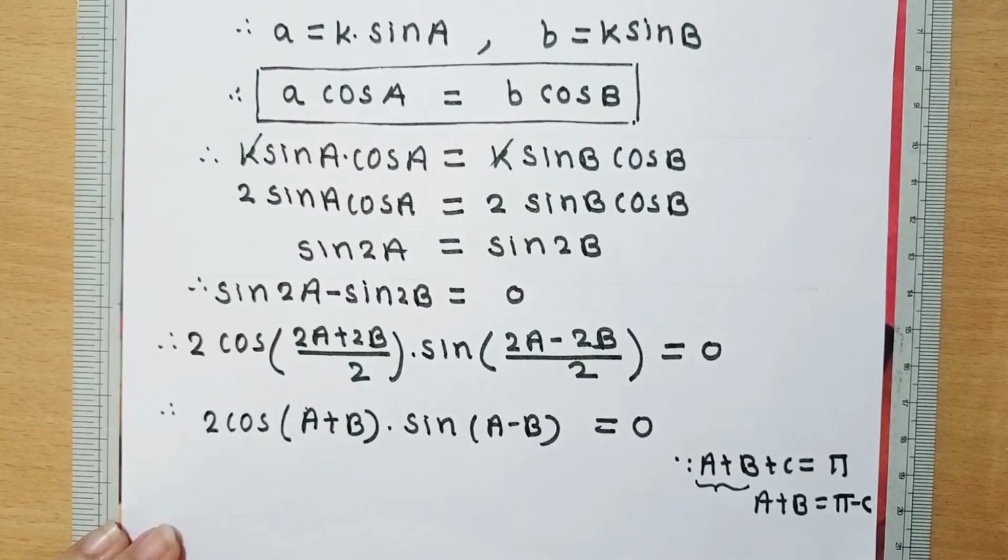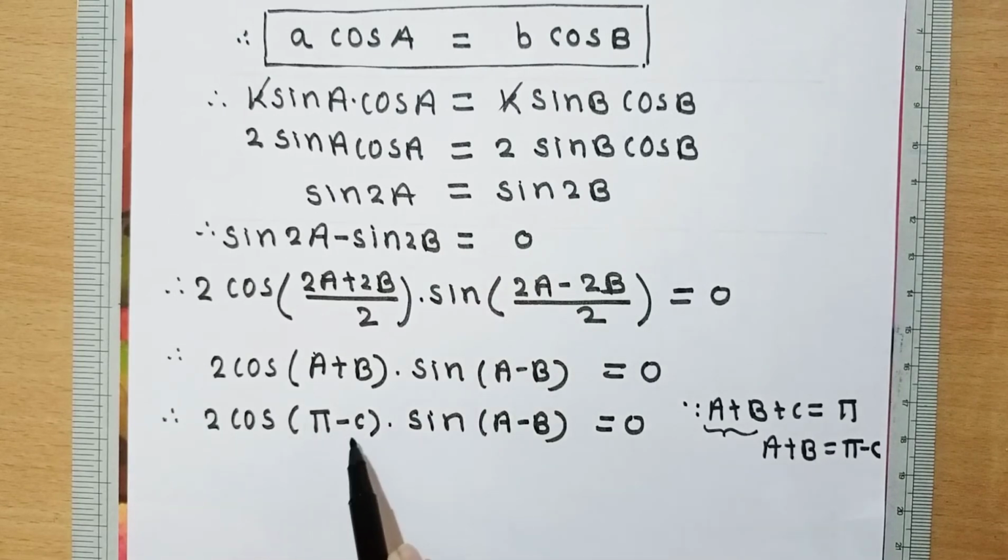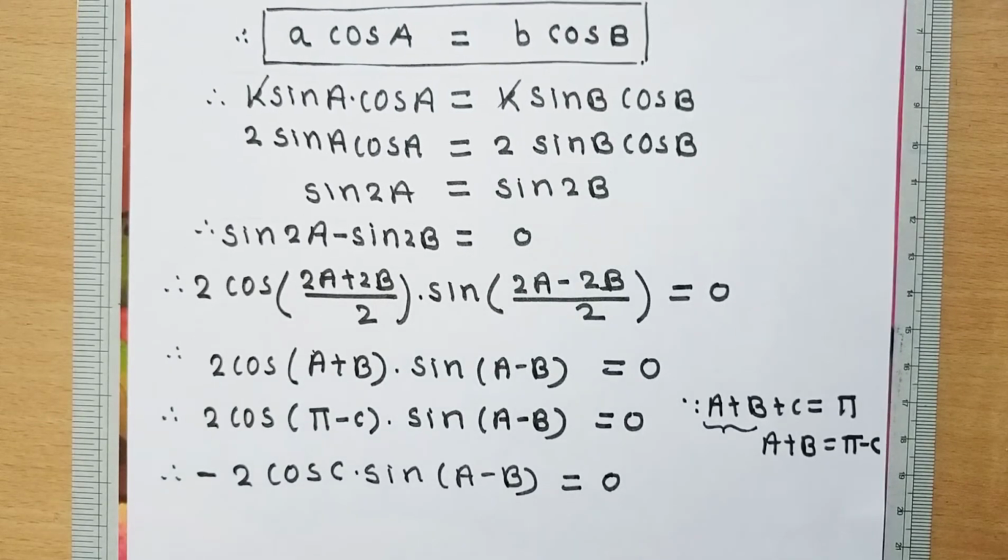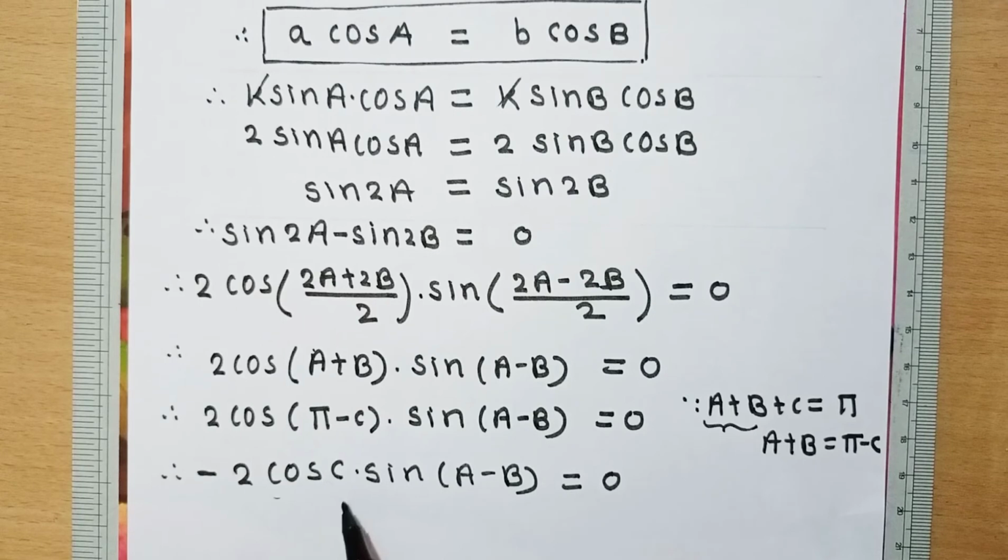Substitute here. This pi minus C angle lies in the second quadrant, and in the second quadrant cos is negative. So we will write this is minus 2 cos of C, and this is equal to 0. Now again check, the product of two terms equal to 0 means either cos C equal to 0 or sine of A minus B equal to 0.